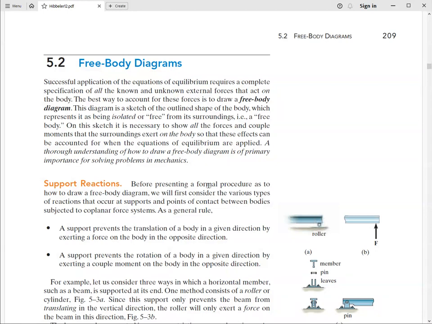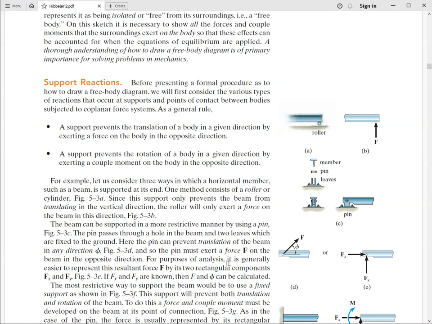So it could be rigid to rigid contact, or could be the effect of fluid flow, could be the effect of gravity. That's shown as weight, a special type of force, or it could be magnetic or electric interactions. Those too can be included as forces or moments, part of this analysis.